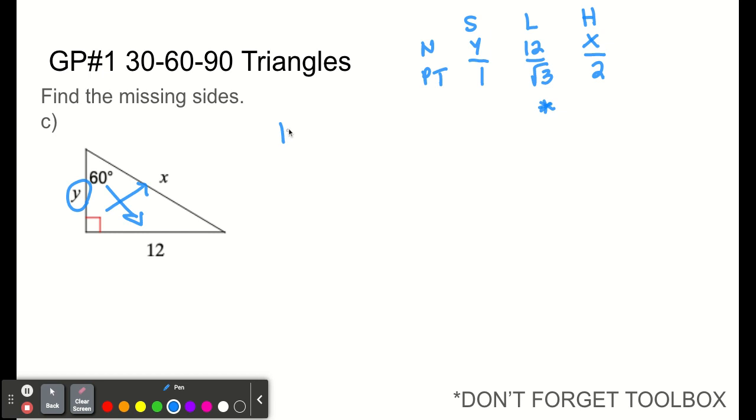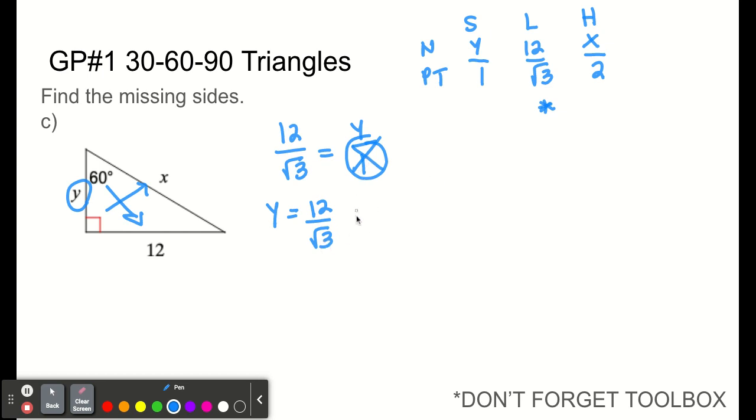So for the long leg, 12 divided by the square root of 3. I'm going to go ahead and start with the short leg equals y divided by 1. Y divided by 1 leaves us with just y equals 12 divided by radical 3. Remember, we cannot leave radicals in the denominator.